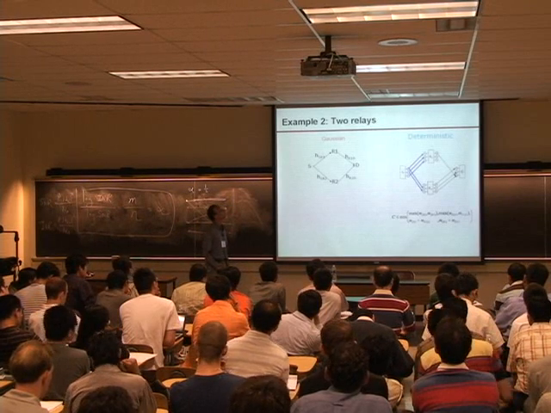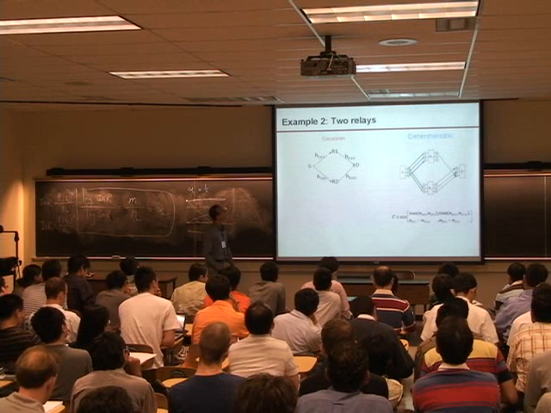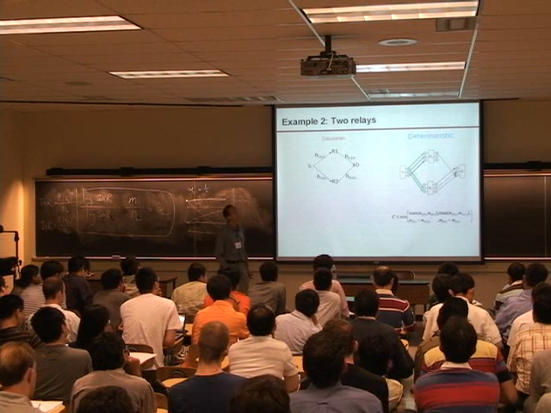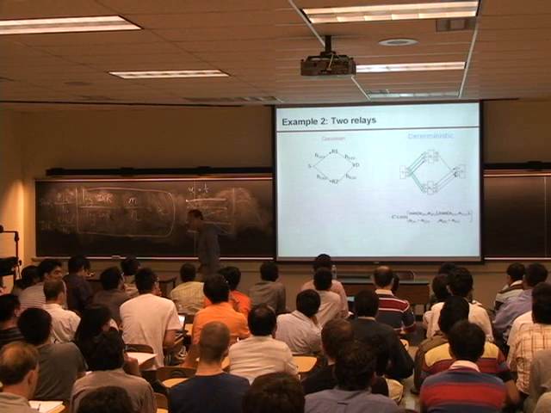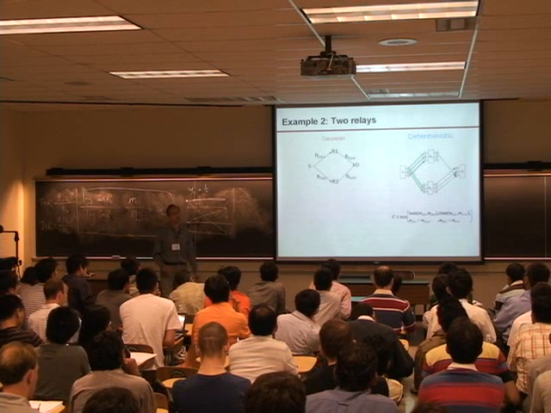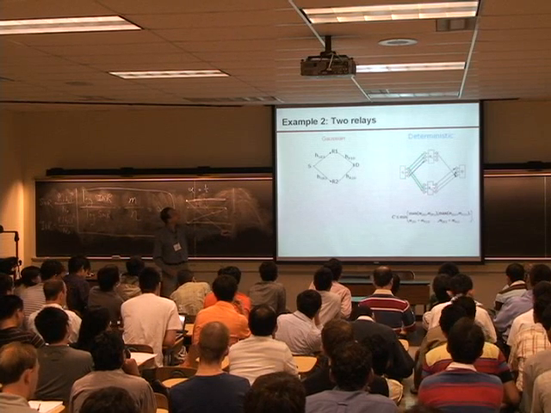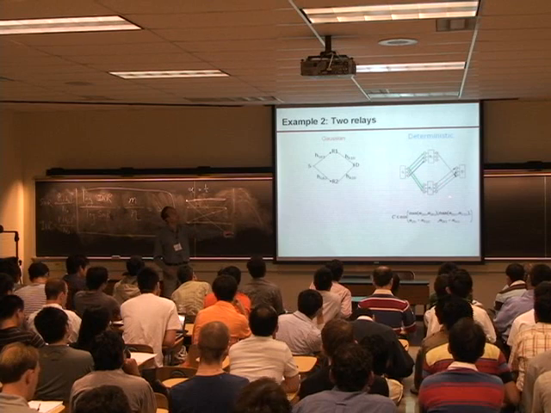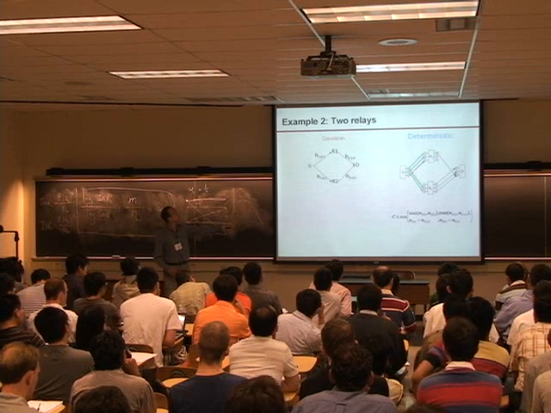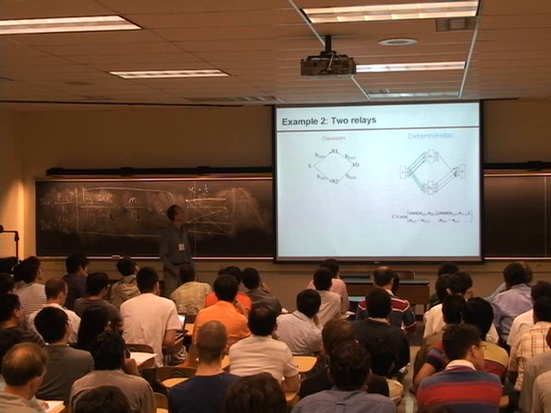So first, I broadcast the signal to the 2 receivers. I broadcast it by breaking up the information into two messages. The green message is intended for relay 2. The blue message is intended for relay 1. So, broadcast.